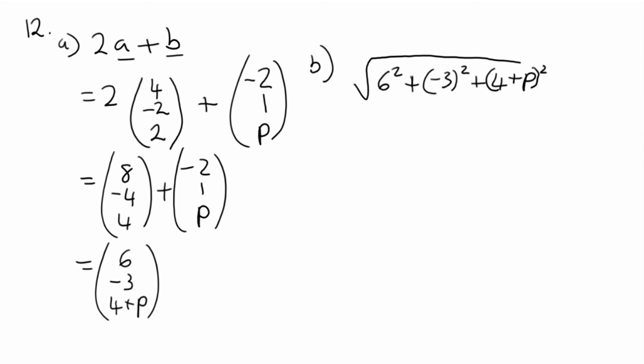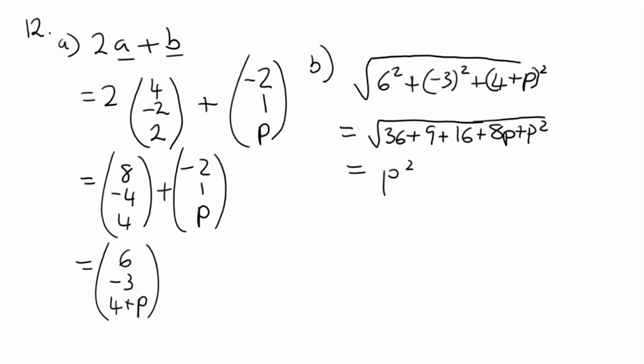So 36 plus 9 plus 16 plus 8p plus p squared. We can tidy that up. We get p squared plus 8p plus 61.